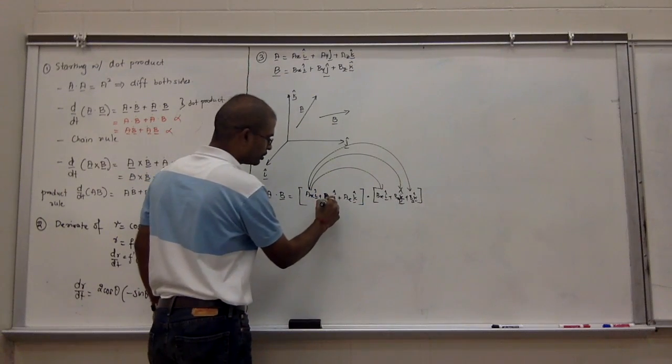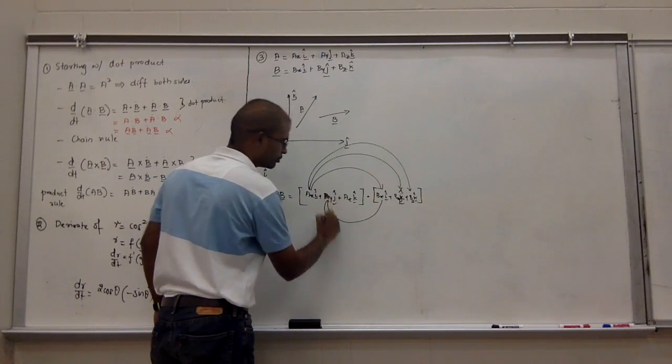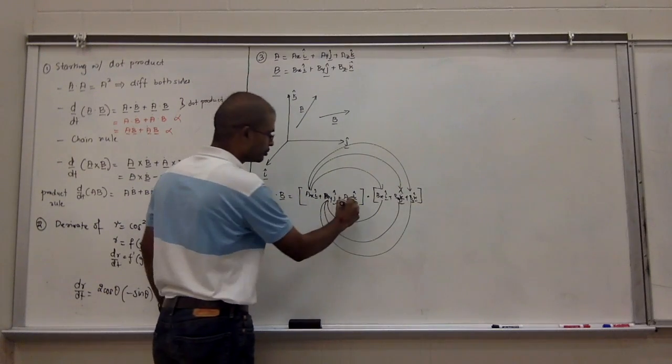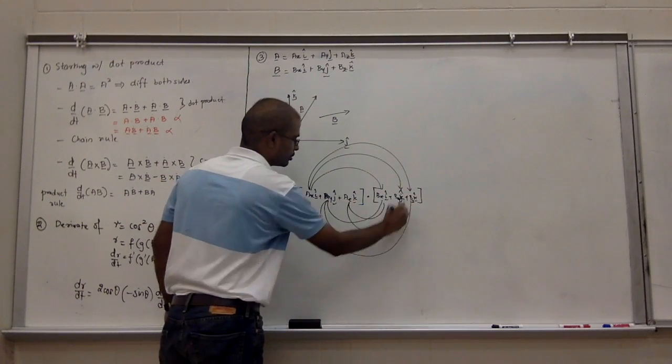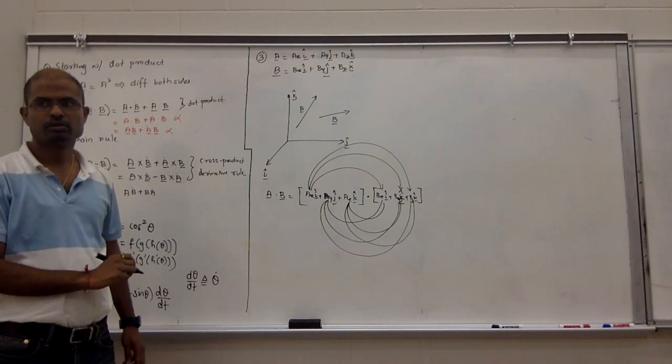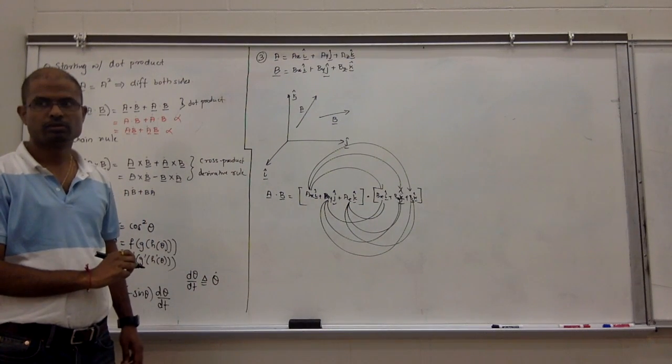Then you do the dot of this, dot of this, dot of this, and so on. When you do the dot of those, it will be like I dot J.